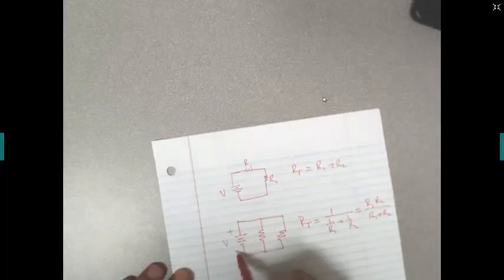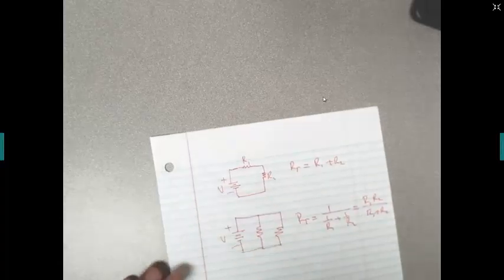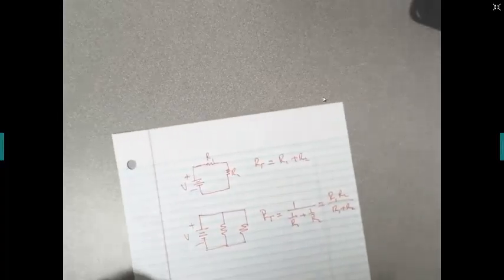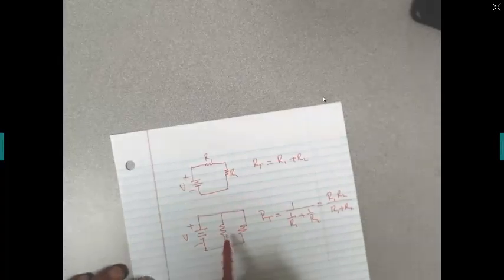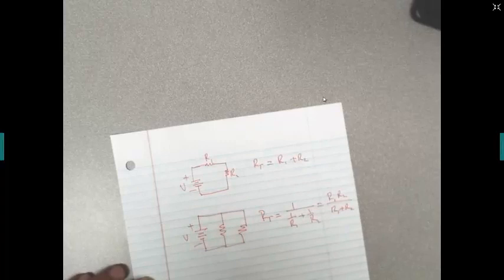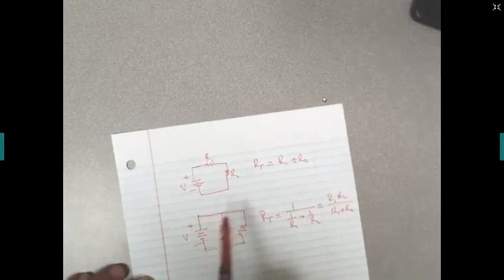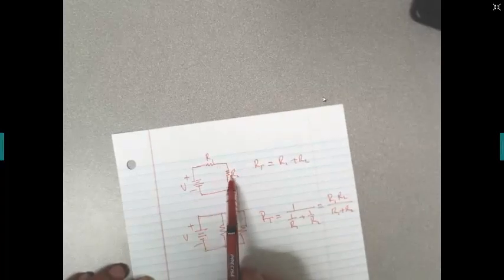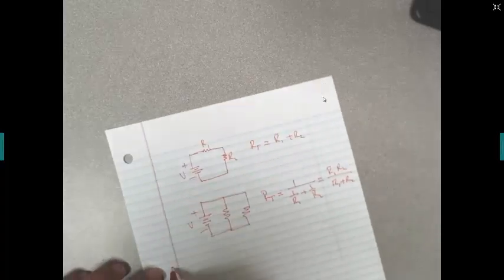Okay, this is nothing new. This is what you learned from chapters 1 through 14 in EET 1011. This is the equivalent resistance for two parallel resistors, and this one is the total resistance for two resistors in series.